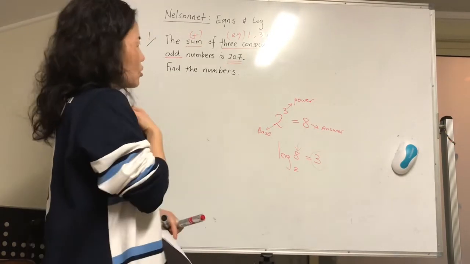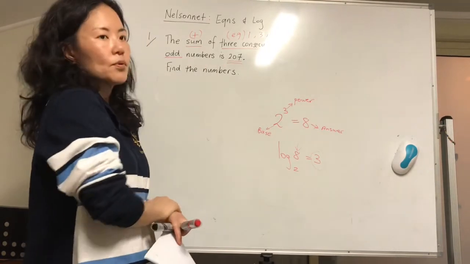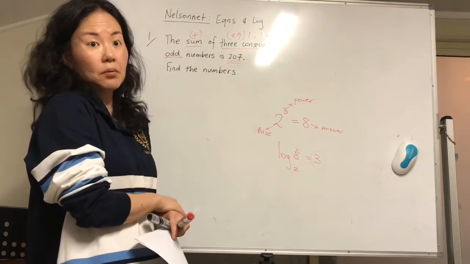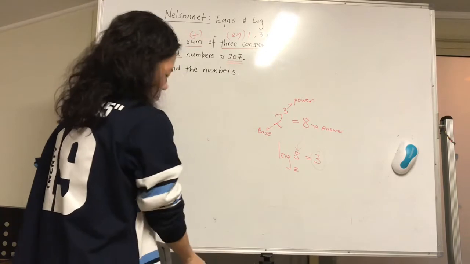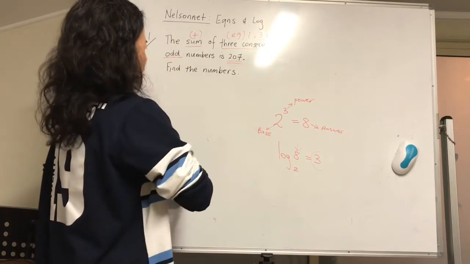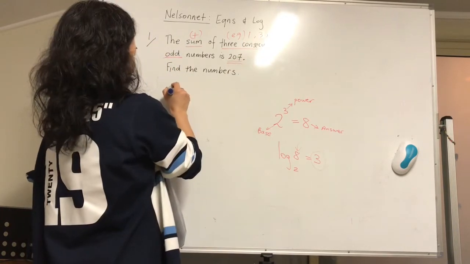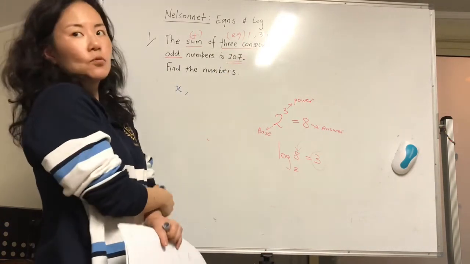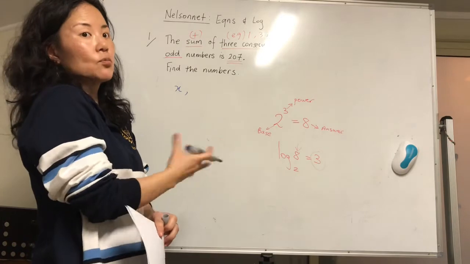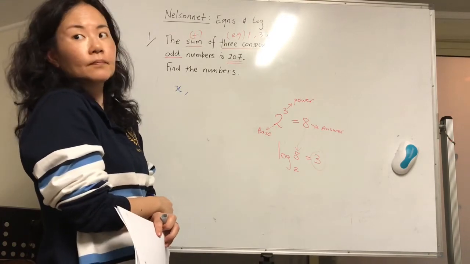So we have to use a pronumeral, like x. If 1 is my x, how can I express 3? What will my second term be in terms of x? Would it be x plus 2?